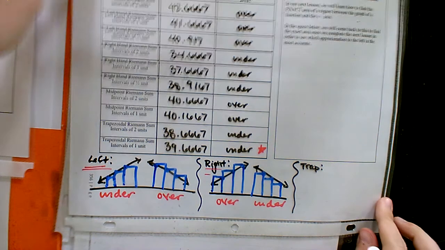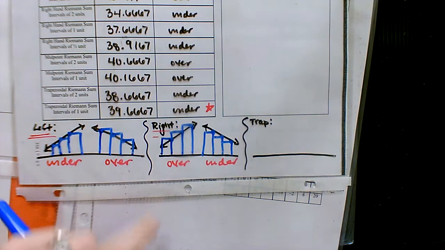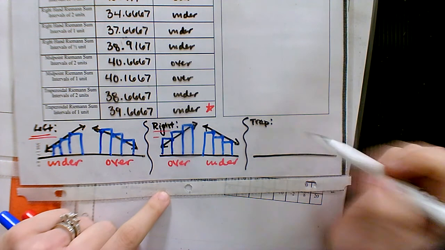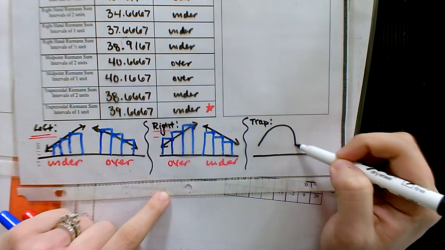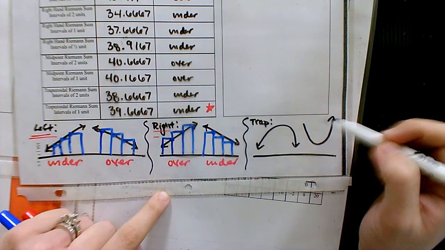All right, let's try trapezoid. Now for trapezoids, we're not necessarily going to look at the increasing or decreasing nature of a graph. We're going to look at the concavity. So let's maybe try a concave down and a concave up.